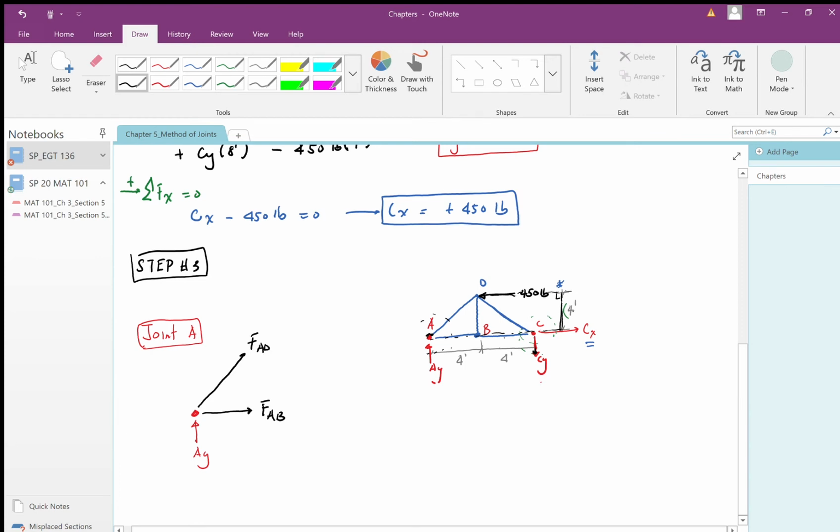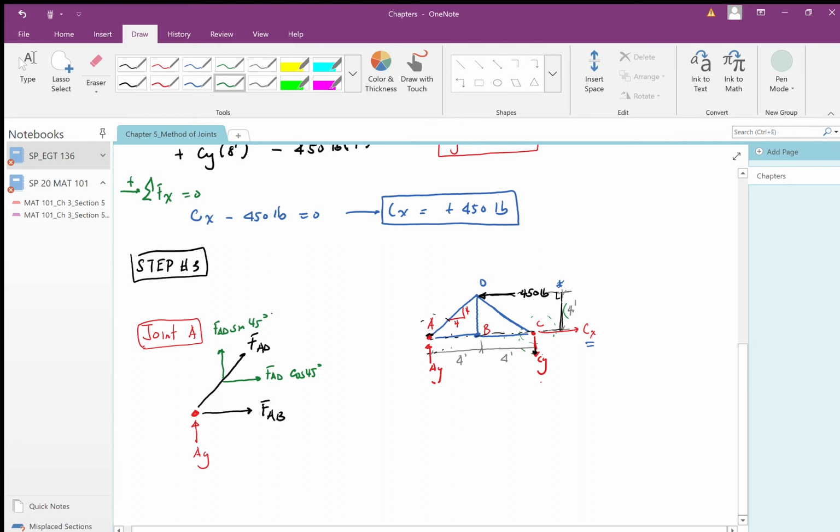Now, since you and I know that this length is 4, this length is 4, so this is an isosceles triangle. Therefore, force AD can be broken up into two components, FAD cosine 45 degrees and FAD sine 45 degrees.